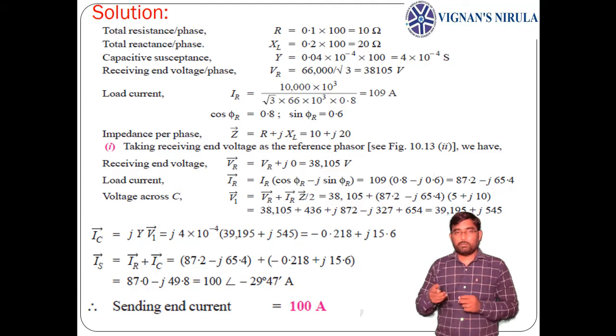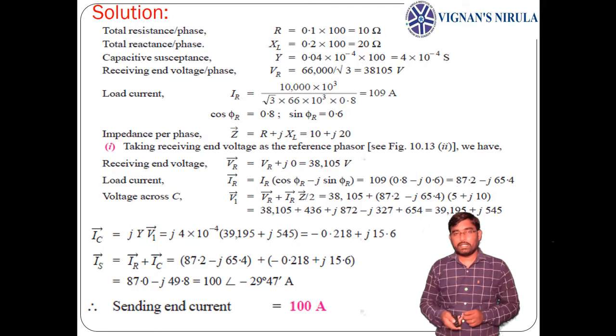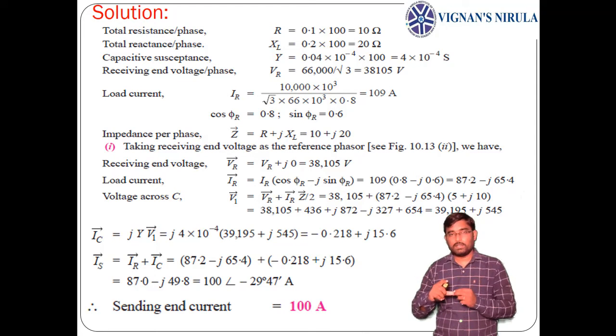Now, by applying KVL for the second loop of the equivalent circuit, we have already written V1 equals VR plus IR into Z by 2, where V1 is the voltage across capacitance. Putting the values of VR, IR and Z, we get the voltage across capacitance as 39,195 plus j 545 volts.